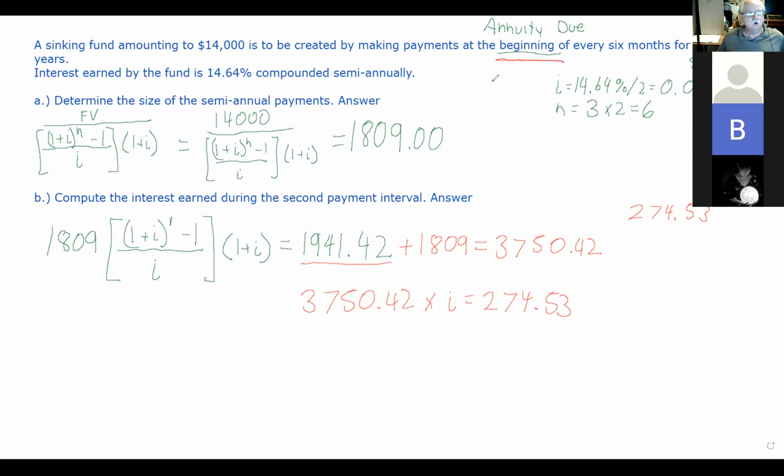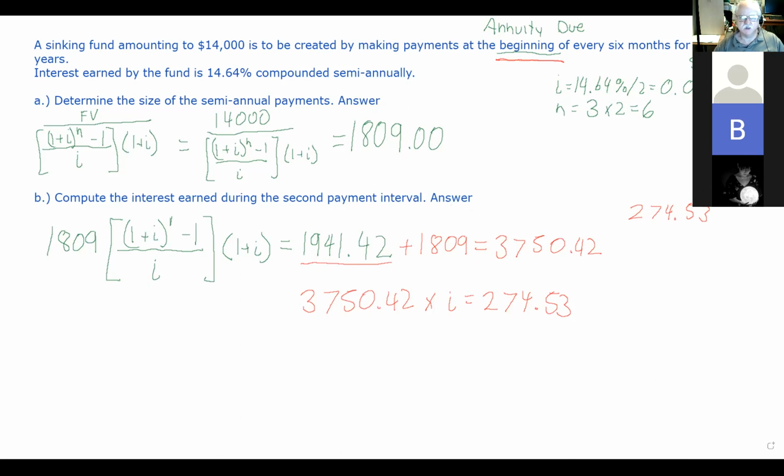So, Balwinder, does that make sense? Now we've figured out what they actually did there. Yes, sir. Quite tricky to remember that because they put the payment in at the beginning of the payment period, they get interest on that payment. If it was ordinary annuity, we could have just done this times the interest because the payment's at the end of the payment period and they don't get interest on it.